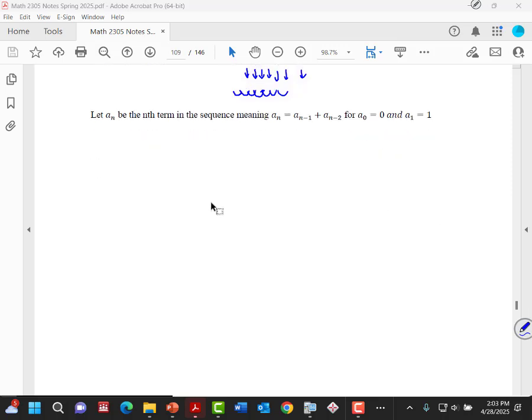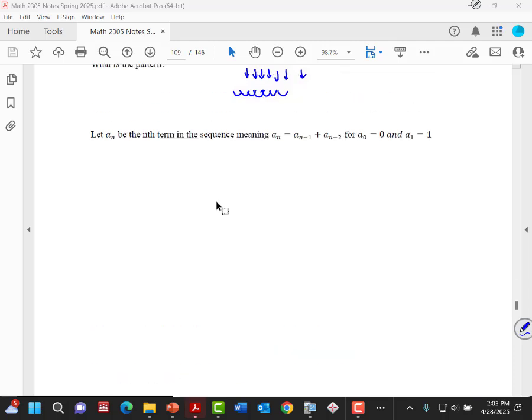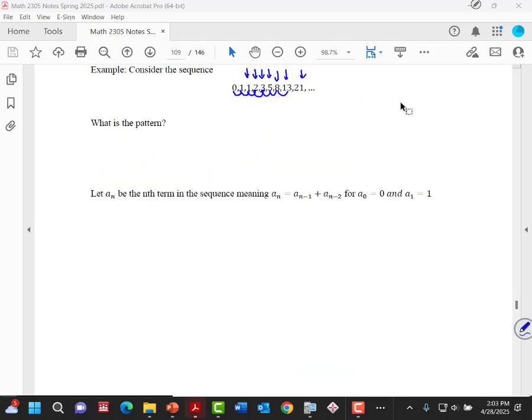So let's let a sub n be the nth term in the sequence, meaning a sub n is equal to a sub n minus 1 plus a sub n minus 2, where a0 is 0 and a1 is 1. So if I look at this, a0 is 0, a1 is 1, then a2 is a1 plus a0. Well, that's 1 plus 0, that's 1. That's this guy right here.